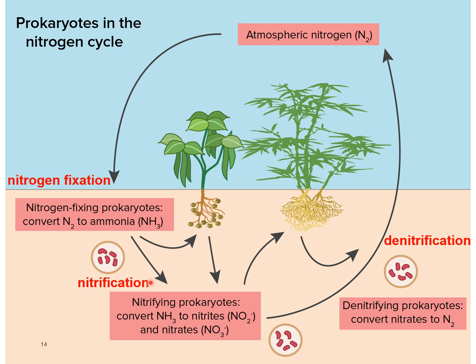And then nitrification is where the ammonia gets converted into the nitrates and nitrites. And then denitrification is where the nitrates get converted into nitrogen gas, and then we're back where we started again. So just knowing that we've got this nitrogen cycle and you've got these 3 steps there.